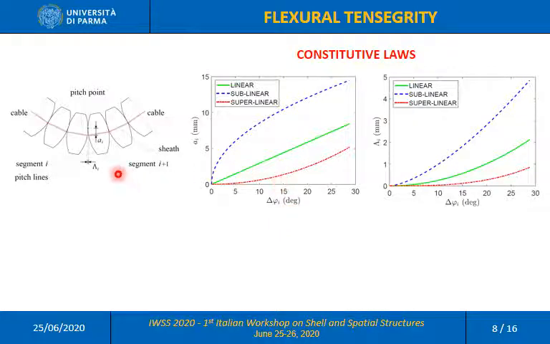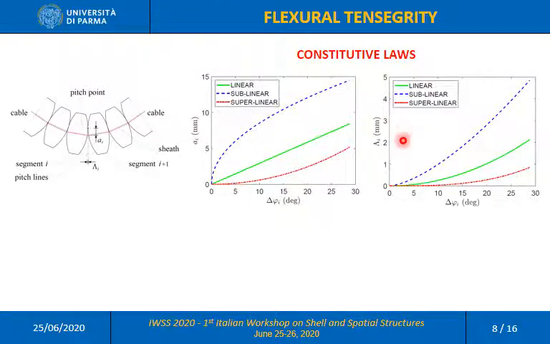Recall that a_i is the internal lever arm and delta phi_i is the relative rotation, and since the adjacent segments are supposed to remain in contact along the pitch lines, a_i is just a function of delta phi_i.